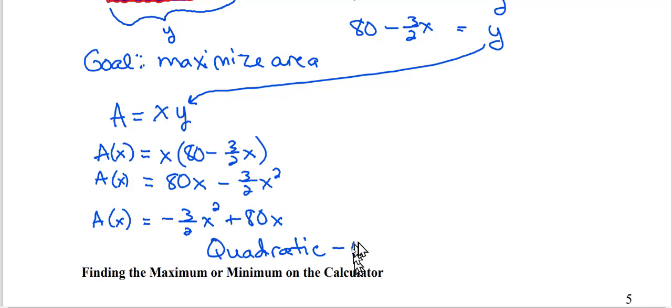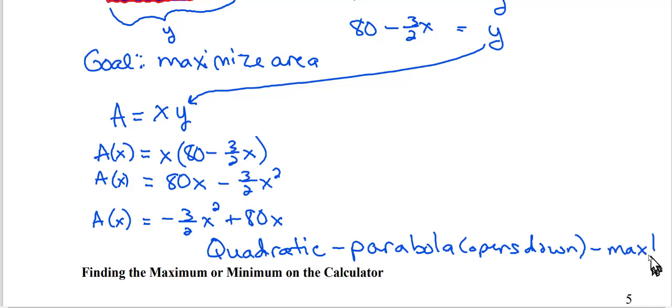And if it's quadratic, it's a parabola. And if it's a parabola, it has a minimum or a maximum at the vertex. This particular one opens down because of the negative 3/2, so it has a max, which is what we were hoping for, right?